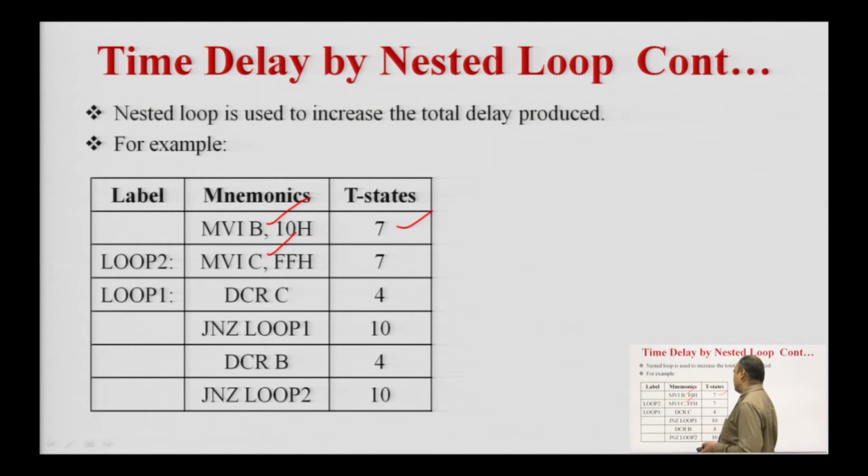Then the second counter, MVI C, FFH, again requires 7 T states. The DCR C instruction requires 4 T states, and the JNZ loop 1 instruction requires 10 T states when the condition is true and 7 T states when the condition is false. The DCR B instruction requires 4 T states. Again JNZ loop 2 requires 10 T states when the condition is true, and 7 T states when the condition is false.